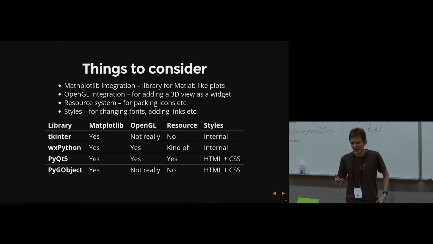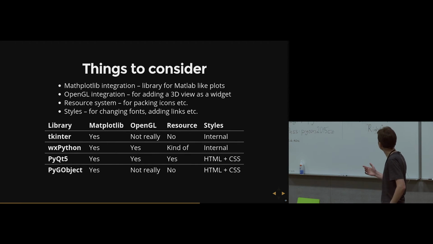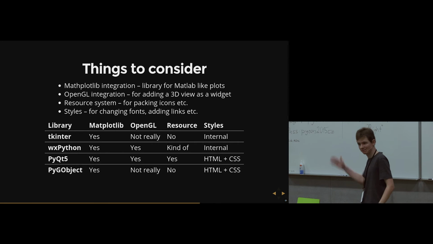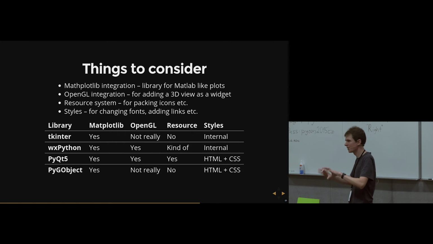You may want to consider other things. There are some libraries you can integrate with the graphical user interfaces. Matplotlib is for creating charts and stuff. It's cool because you can use it in every one of these, so that's nice. OpenGL, if you want to have an OpenGL view in your application. Some of them already include an OpenGL widget.